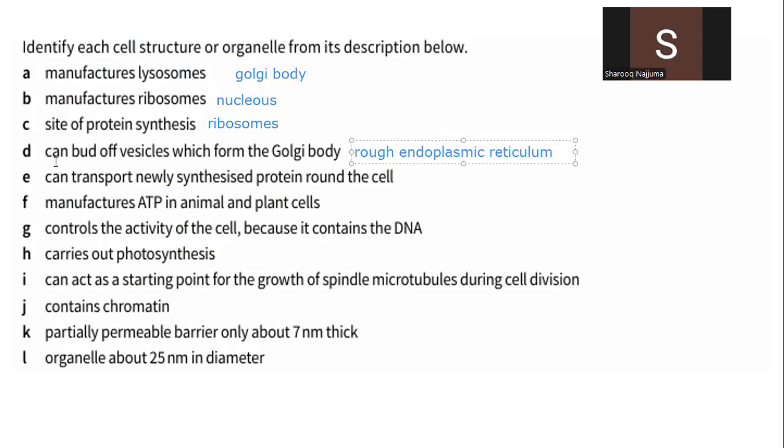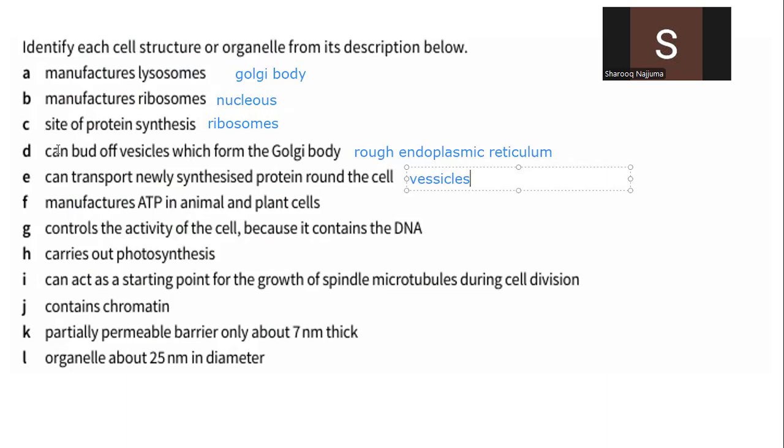Okay, next. Which organelle can transport newly synthesized proteins around a cell? We saw that proteins are transported in, yes, you're right, in vesicles.